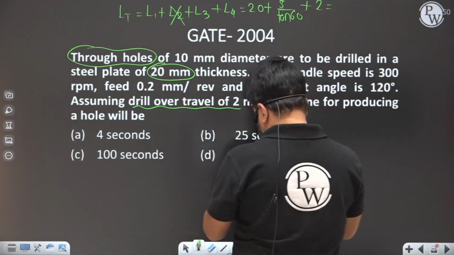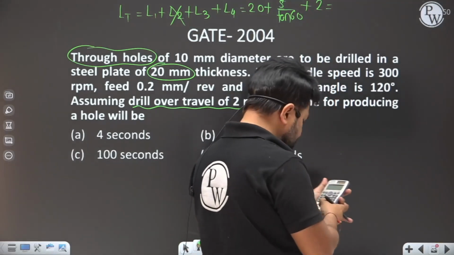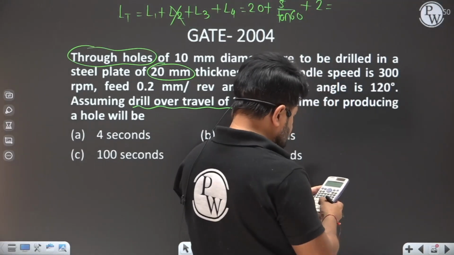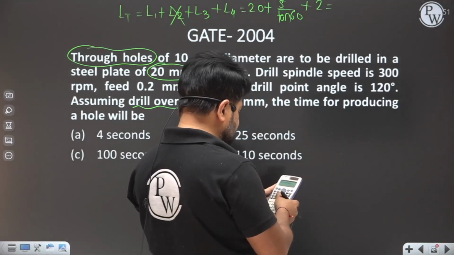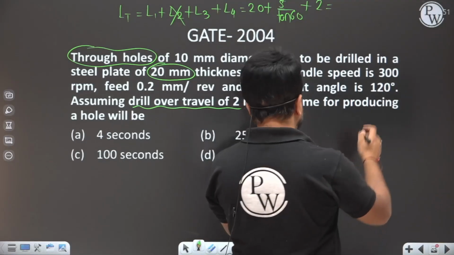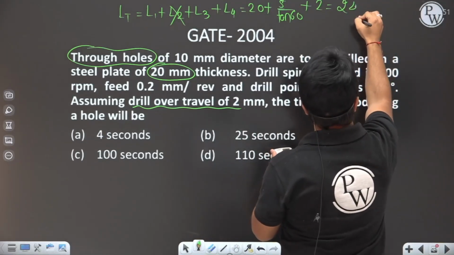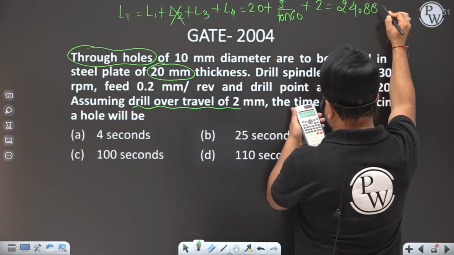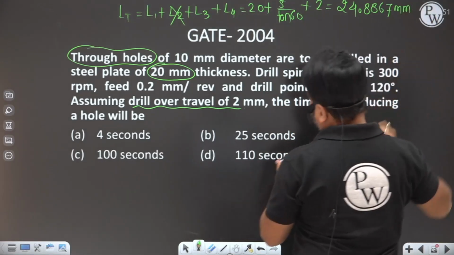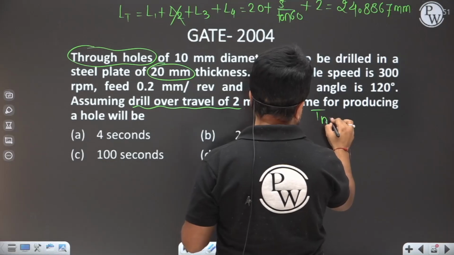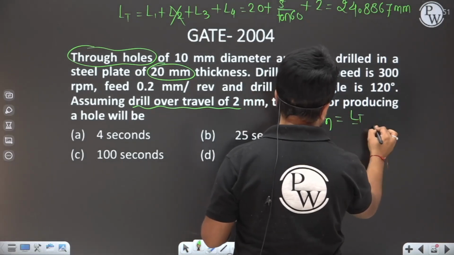So it comes 20 plus 2 plus 5 divided by tan 60, which is 24.8867 mm.